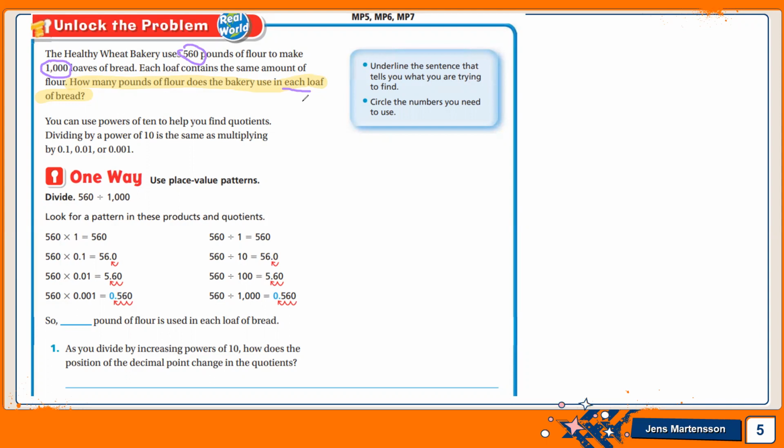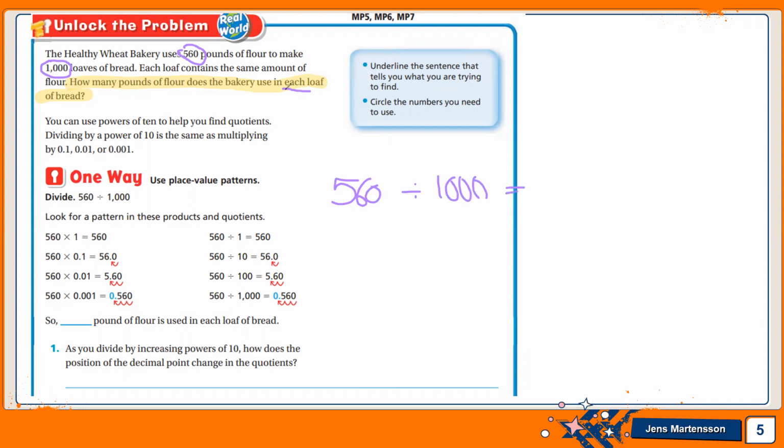So what do I have to do here? Do I have to multiply or divide? Yes, grade 5. Divide. Bravo. So here I have 2 numbers, 560 divided by 1,000.